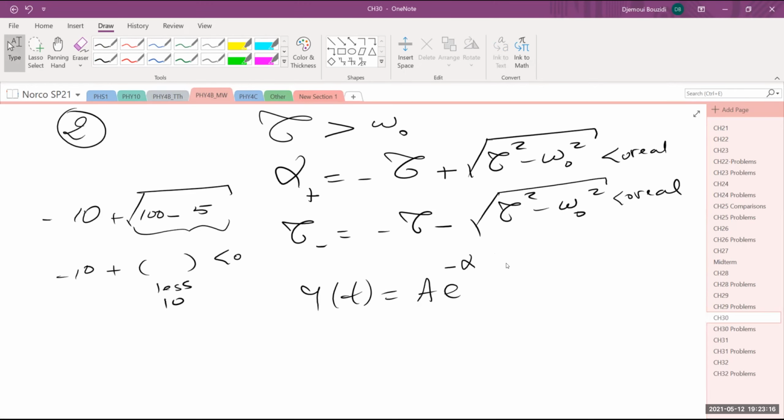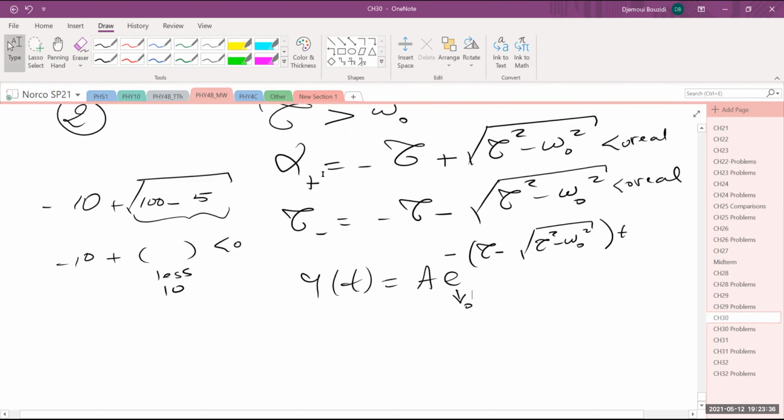It's much better to write it explicitly. So minus tau minus the square root of tau squared minus omega naught squared. I wrote it this way because I know this is going to be positive now. If this is 10 minus something, something is going to be positive, but the negative in here will make it so that it goes to 0 no matter what, because alpha plus is negative.